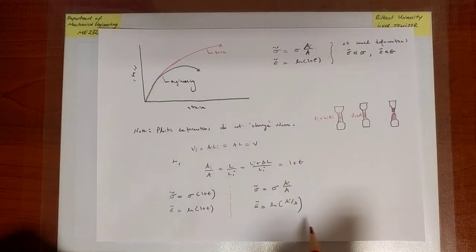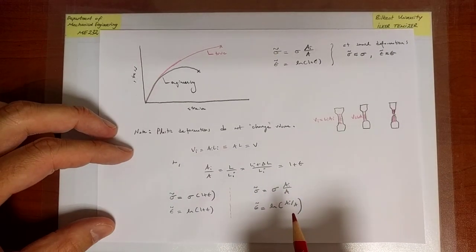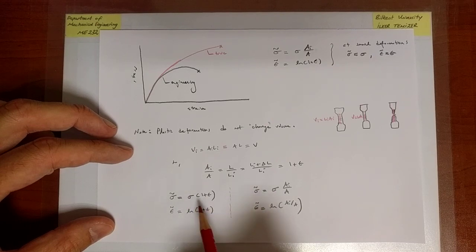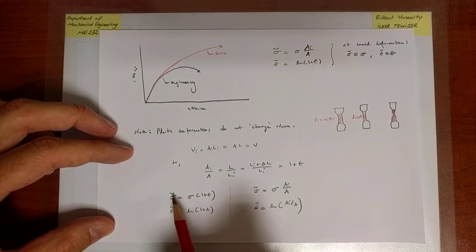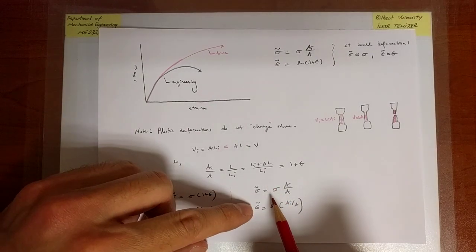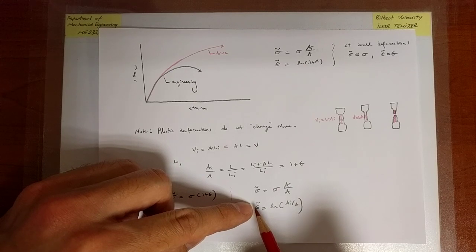However, there is a practical difficulty. The practical difficulty is that if I want to convert true stress and strain to engineering stress and strain, the definitions on the left are easy to use because as soon as I know engineering stress and strain, I can immediately calculate the true stress and strain, whereas to use the definitions on the right, it's not sufficient to know what the strain is.